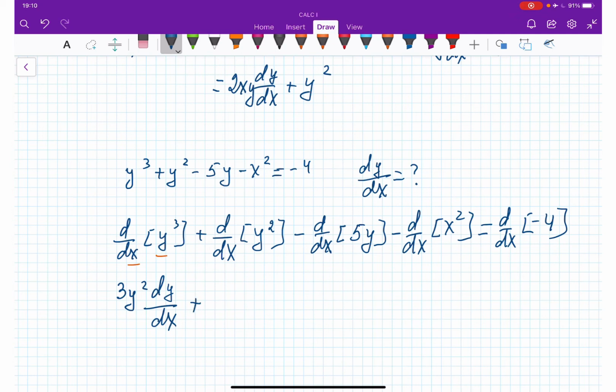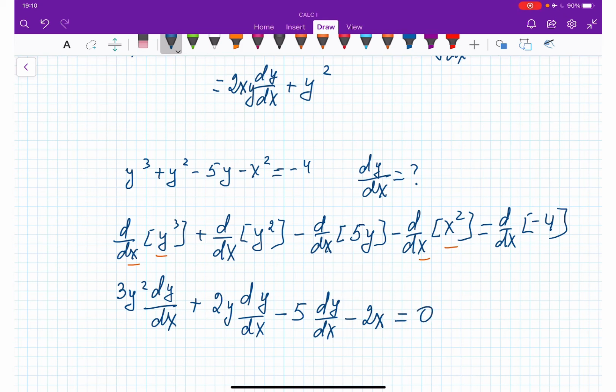Next, chain rule, it's going to be 2y times dy by dx. Next, 5 is a constant, there is nothing for the chain rule, and it's going to be 5 dy by dx. And since here it's explicit differentiation, we have x and we're differentiating x, it's going to be minus 2x, and the derivative of a constant is equal to 0.